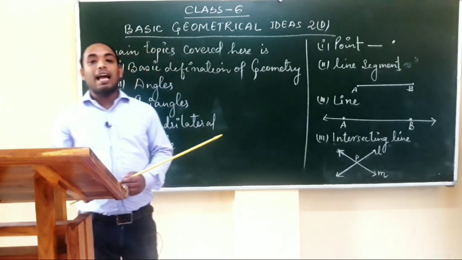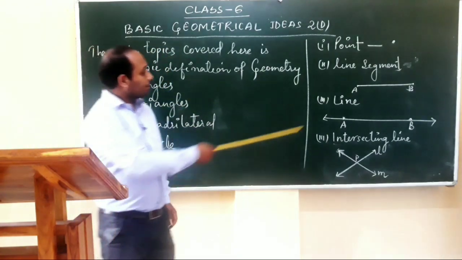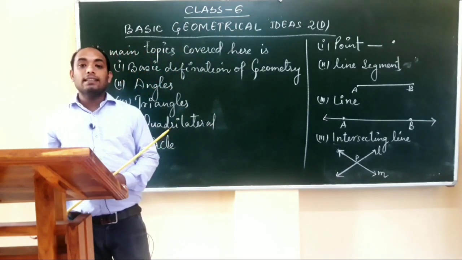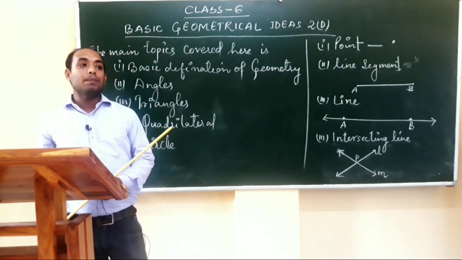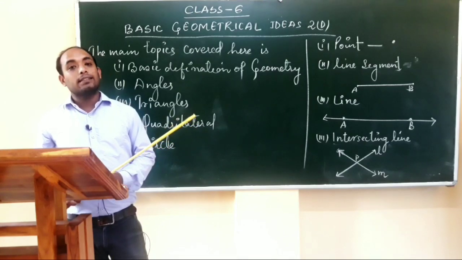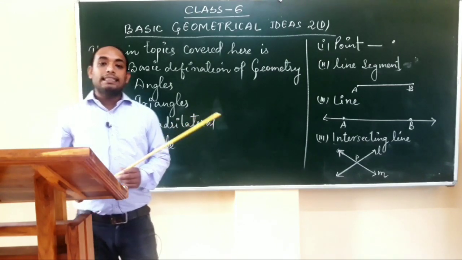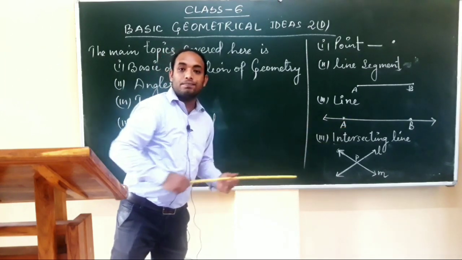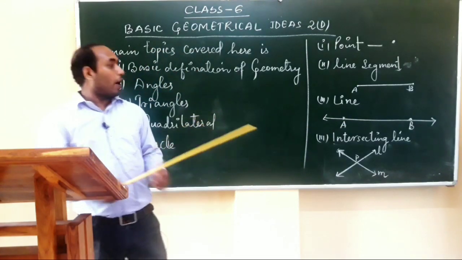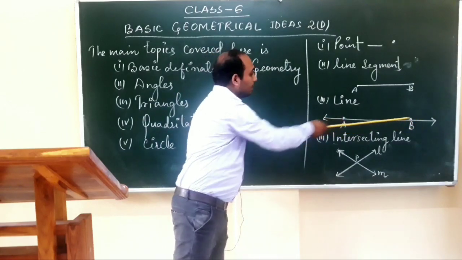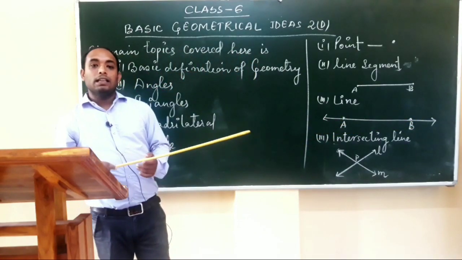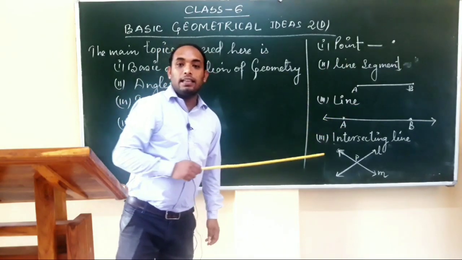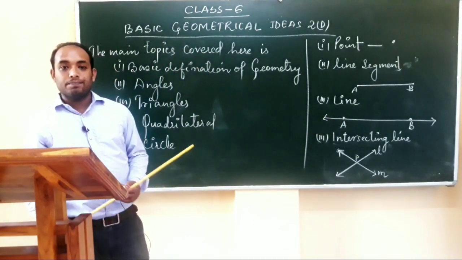Now let's talk about a line. What is a line? Here we have seen a line segment. It is extended between 2 points. For example, this line segment extended beyond this point A and B. Here it is extended indefinitely in both directions.